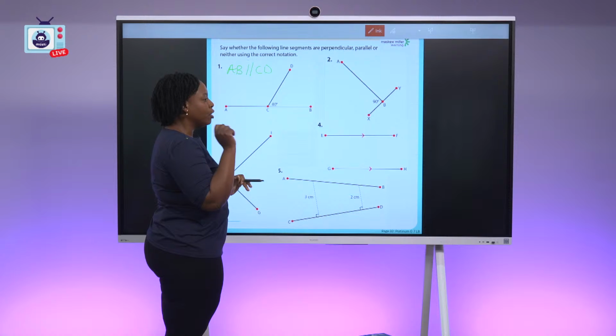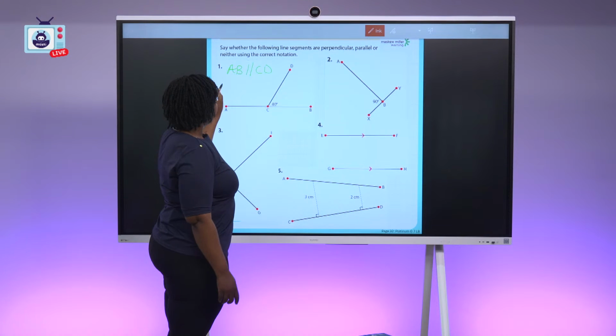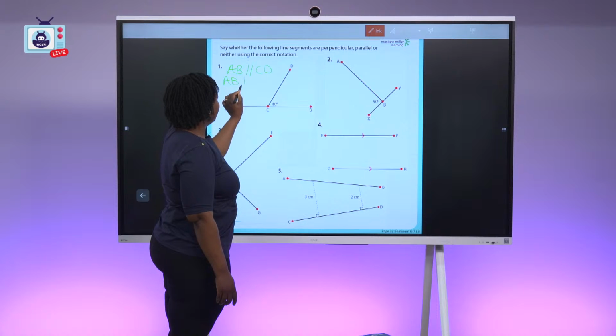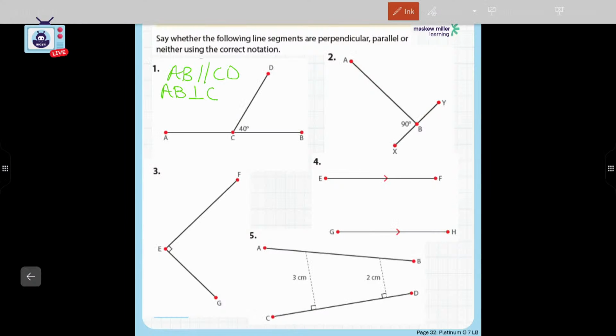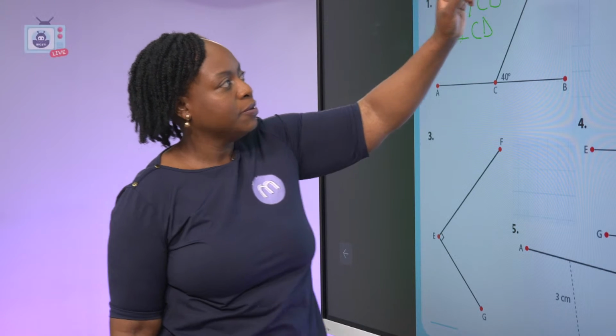That's an example. Then for perpendicular, if it was AB, which you are sure is perpendicular to CD or BC, then you're going to write it like that: AB is perpendicular to. So what notation are we talking about? The parallel notation and the perpendicular notation, right? So let's go with this.